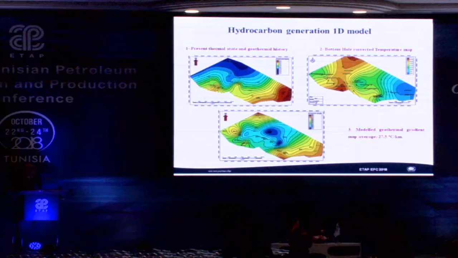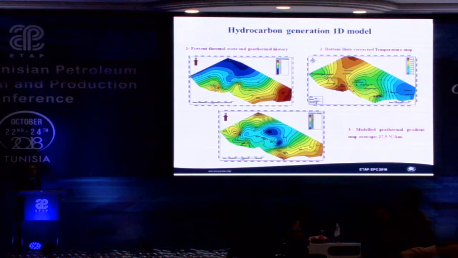The surface temperature ranging from 14 to 22 degrees Celsius, and the corrected bottom hole temperature ranging from 70 at the east, and then going to about 200 degrees Celsius at the basin in the central area, and we create a model geothermal gradient for the area. The average geothermal gradient in the area is about 27.5 degrees Celsius.